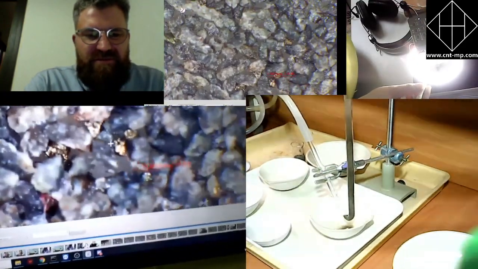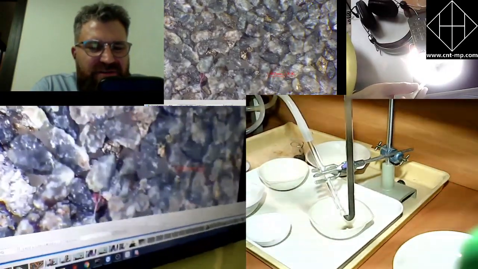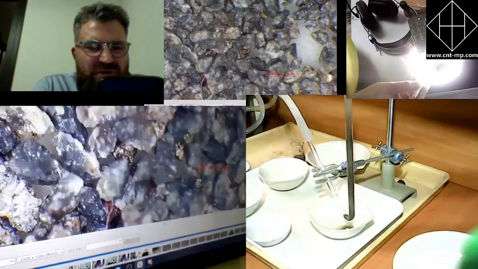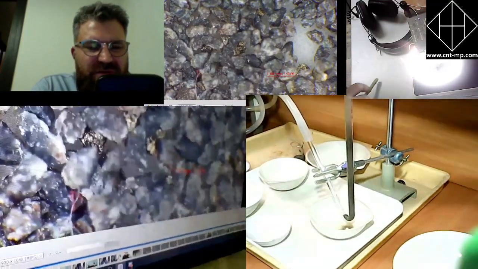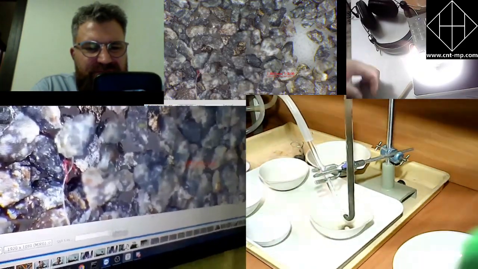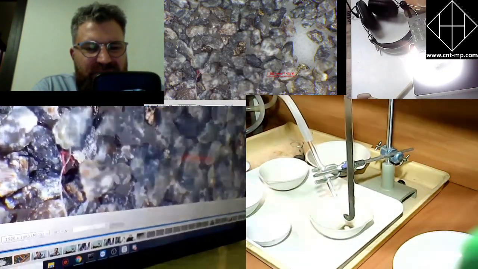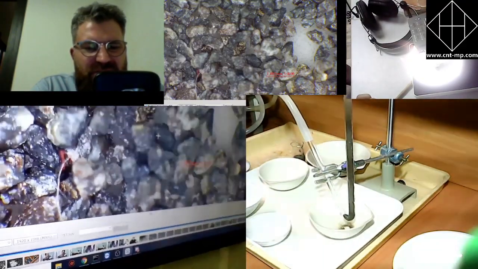Let's see what he's got there. You can see that all these grains are different color, different shape. That shows ideal liberation of different types of minerals and their intergrowths. They're very nicely distributed because it's all the same fraction.